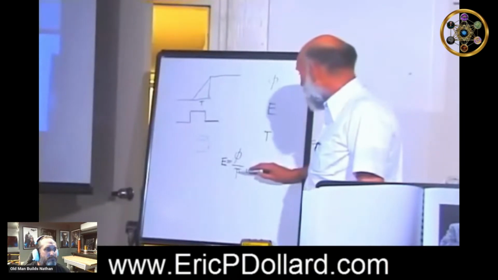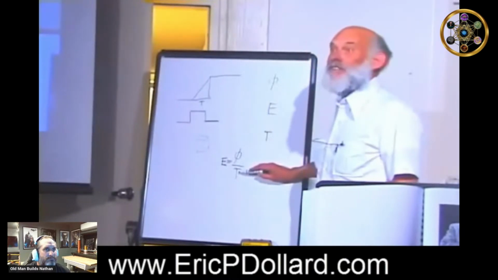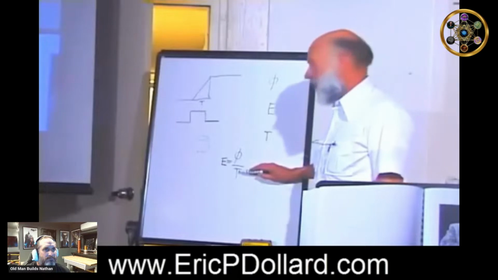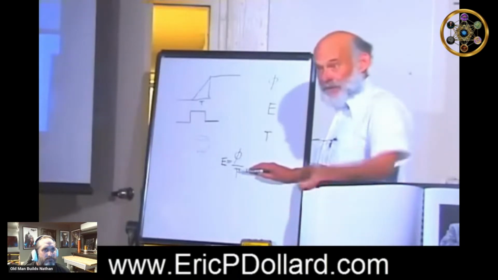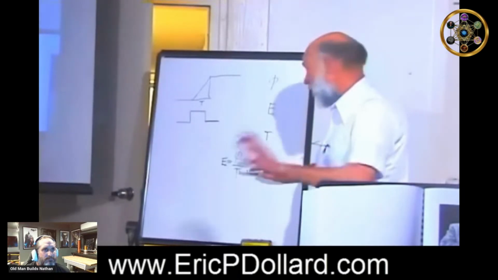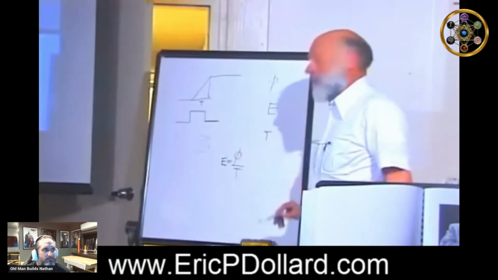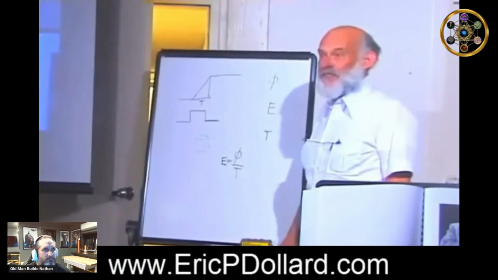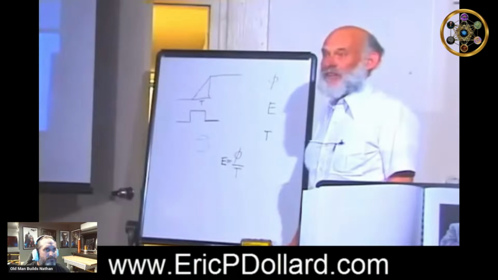The time T represents the change in that quantity of magnetism, whether I'm turning the current up or I'm turning the current down or the magnet's moving or whatever. And that gives me what's called the electromotive force E. So now everybody here understands Faraday's law.